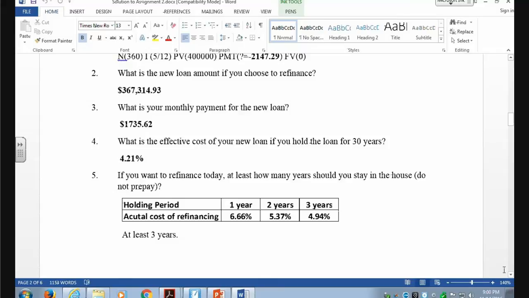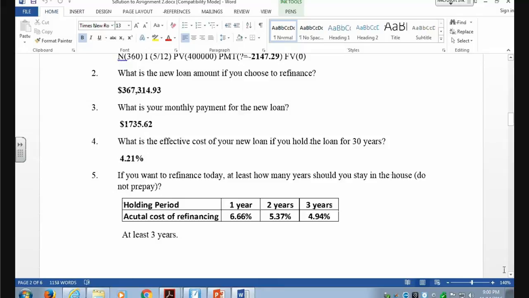It's easy: actual money coming into pocket. At time 0, you borrow this amount of money, but you have to pay the origination cost and the refinancing cost, so subtract. Then what is your monthly payment? This is your monthly payment from month 1 to month 360.